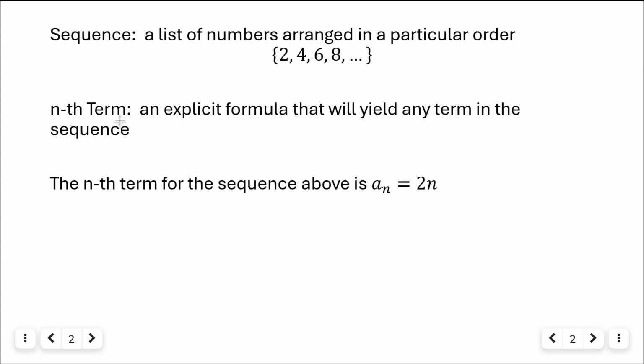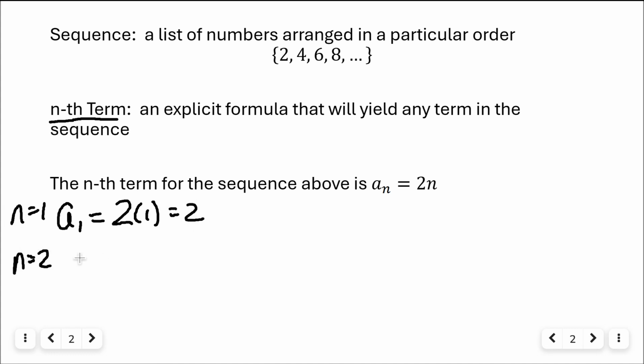All right. And if you wanted to keep it going, instead of writing all these numbers out, you could write what's called the nth term. The nth term is an explicit formula that will yield any term in the sequence. So, for example, the nth term for the sequence above is 2n, right? So, if I wanted to find the first number in the sequence, a1, if I made n 1, a1 would be 2 times 1, it's 2.